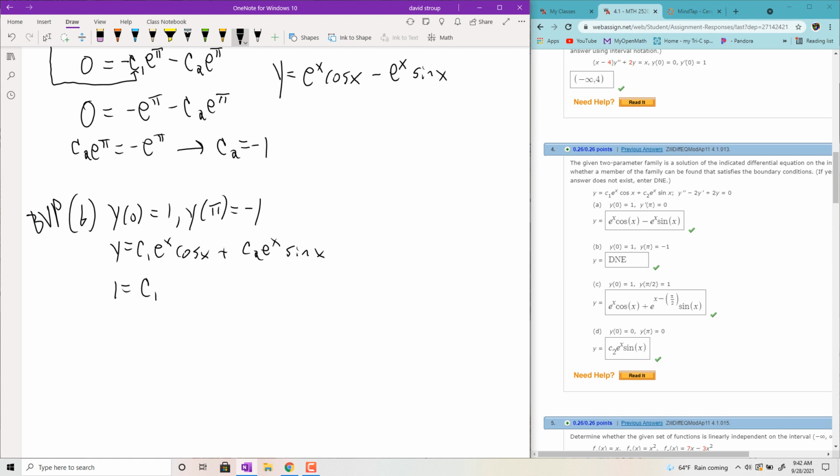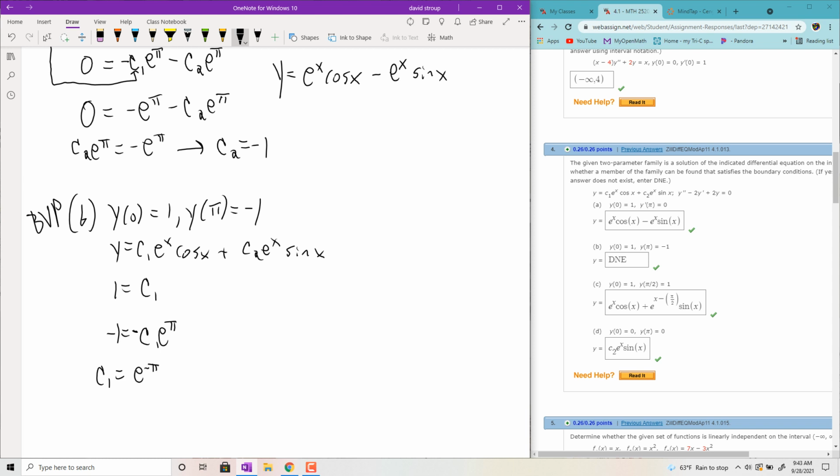So you just get c1 is 1. Then plop in the other condition, the pi, negative 1. So you get negative 1 equals c1 e to the pi, cosine of pi is negative 1, so you get a negative right there. And then sine of pi is 0, so the other part is just 0. So you can solve for c1. C1 would equal e to the negative pi.